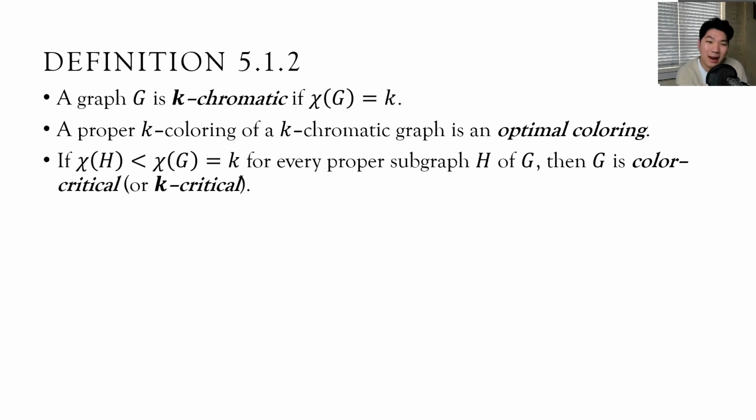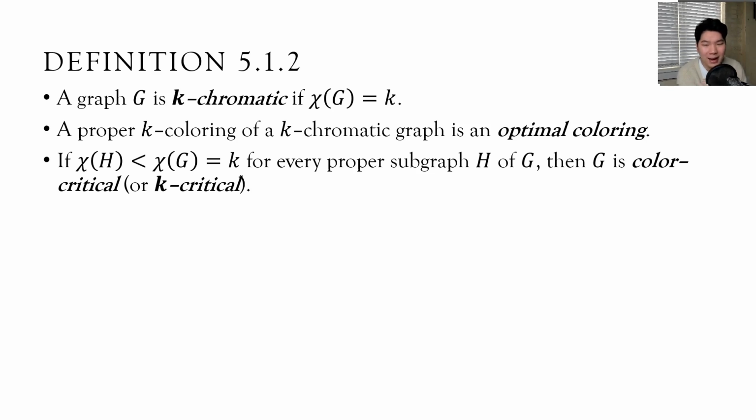Next, a proper K coloring of a K chromatic graph is called an optimal coloring. If I have a K chromatic graph, that means the minimum amount of colors needed to color that graph is K. So if I have a proper K coloring, then I have an optimal coloring.